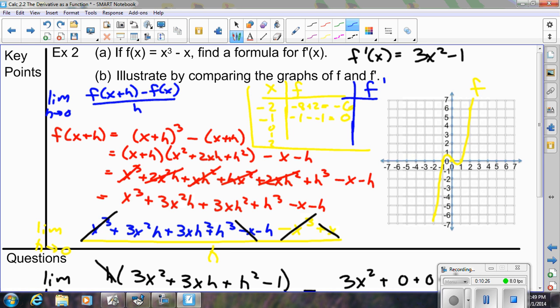Negative 2 squared, well, 3 times 4 is 12, minus 1 is 11. Plugging in negative 1 would be 3 minus 1 is 2. Plugging in 0 would get us negative 1. And because it's an even function, it has to have y-axis symmetry. We'd wind up with a graph that's about here.